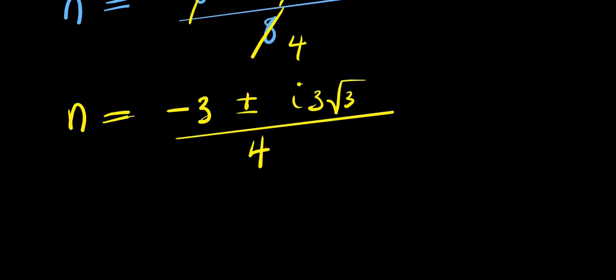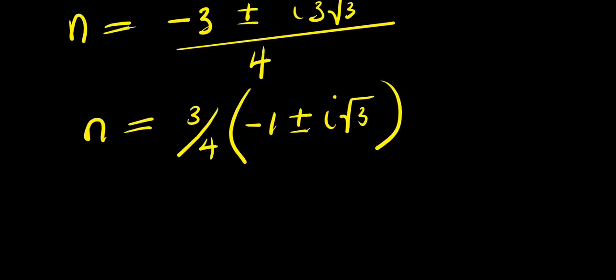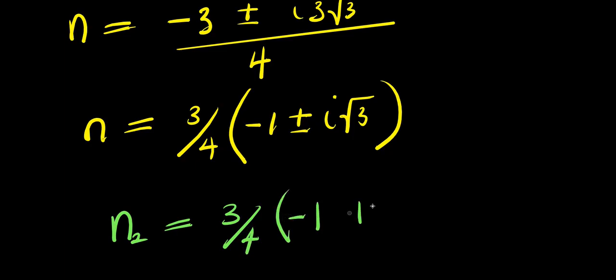So from here, I can factor out 3 over 4. I have n equals 3 over 4 times negative 1 plus or minus i root 3. So right now, I have 2 complex values for n. I have n2 equals 3 over 4 times negative 1 plus i root 3.